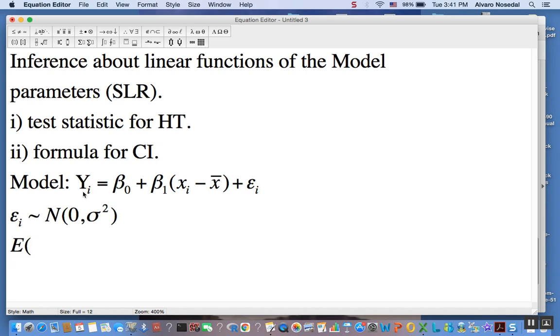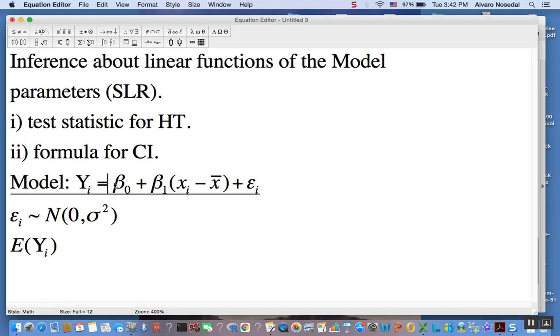So the yi's are going to be normal as well, and the expected value of yi will be just beta 0 plus beta 1 times xi minus x bar, because the expected value of the error term is 0.